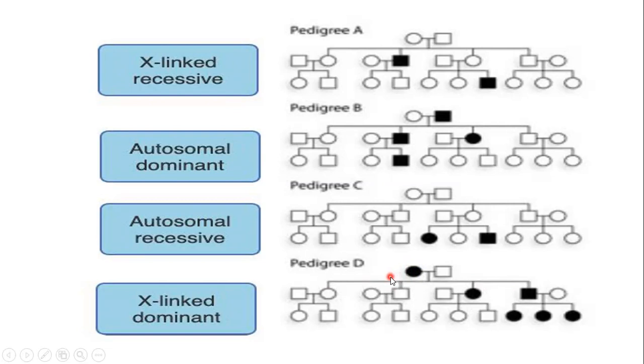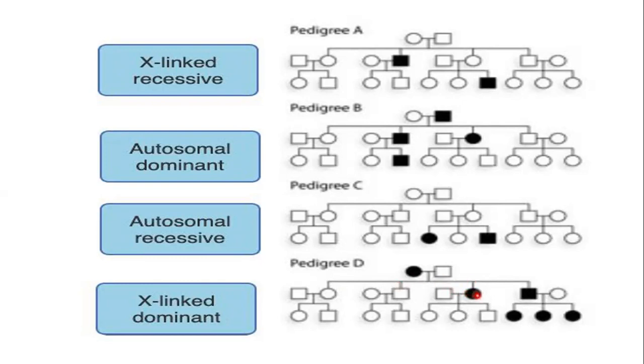One X chromosome carries a dominant allele, another X chromosome carries a recessive allele. So she passes the dominant allele to 50% of her offspring, and the recessive allele to the other 50%. So those offspring that receive the dominant copy are affected, while the others that receive the recessive copy are normal.